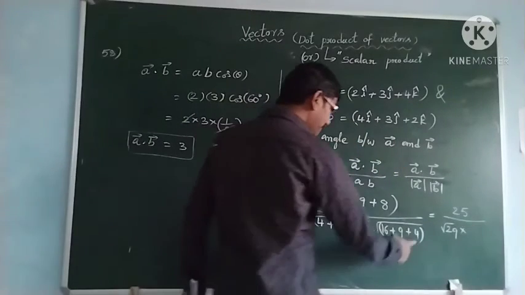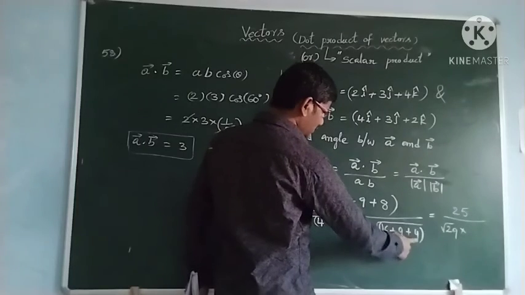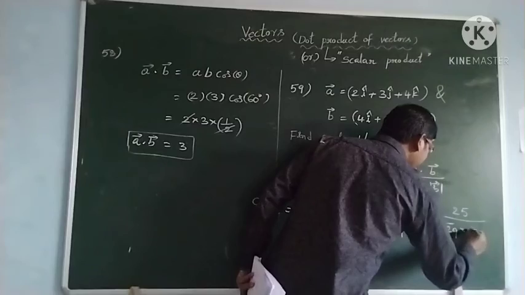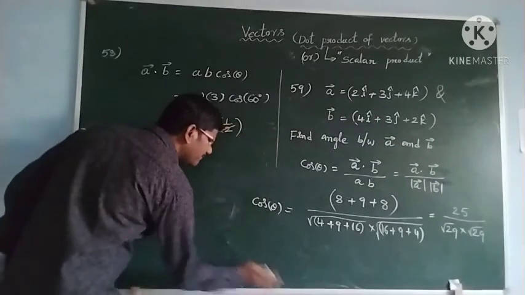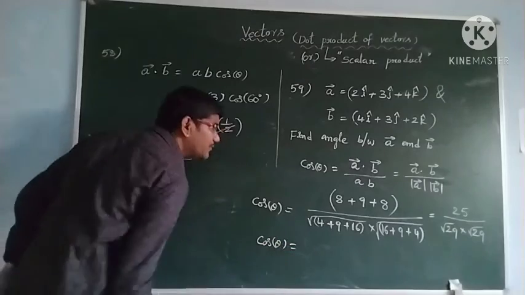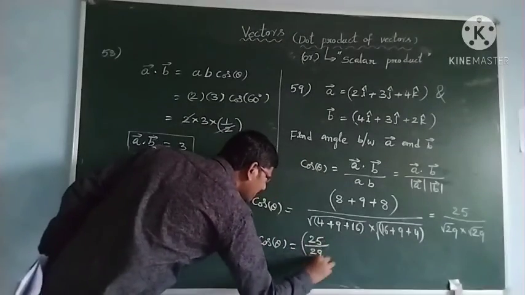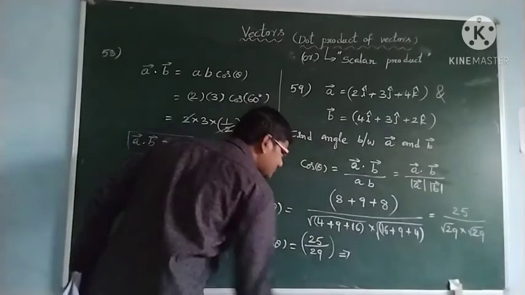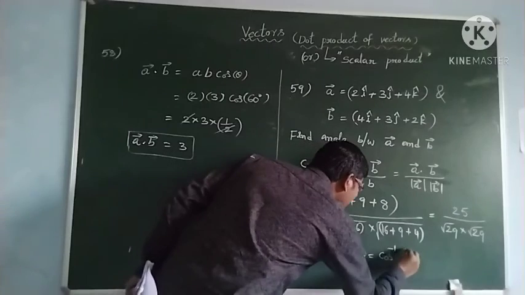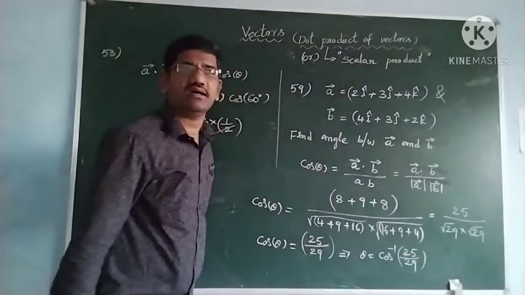And for the other one, 16 plus 4, this is also root 29. So we are getting cos theta is equal to 25 by 29. That implies theta is equal to cos inverse 25 by 29. So that is the answer.